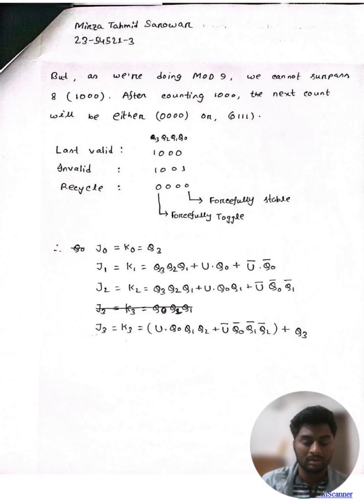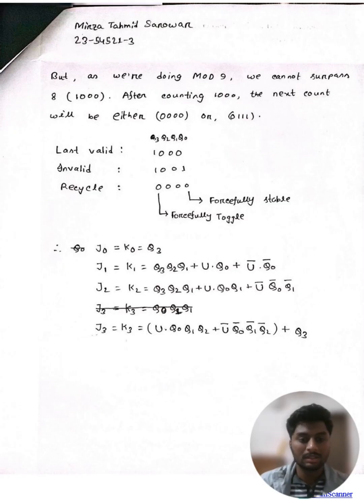So it will be forcefully stable. We have to make it stable at 0, and Q3 will be forcefully toggled because, as we can see, the last valid one was 1, and we want it to be 0. So we need to toggle it.